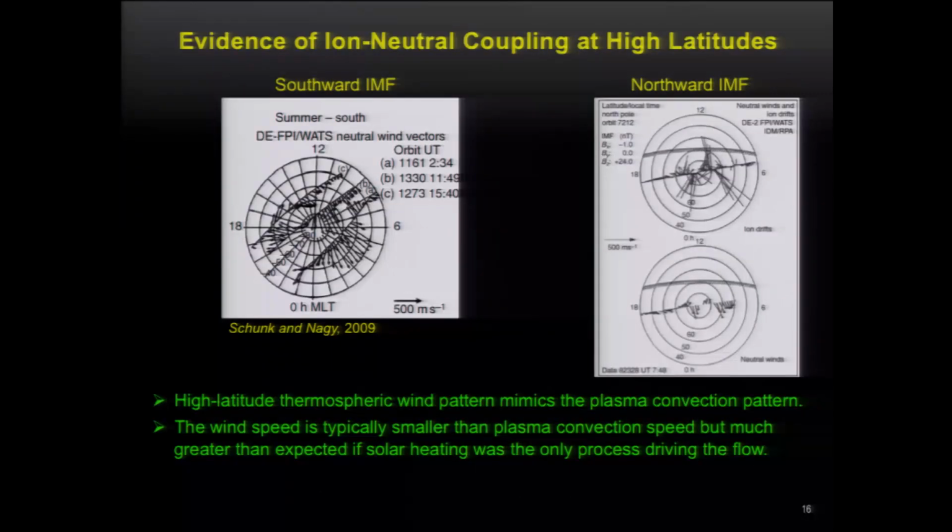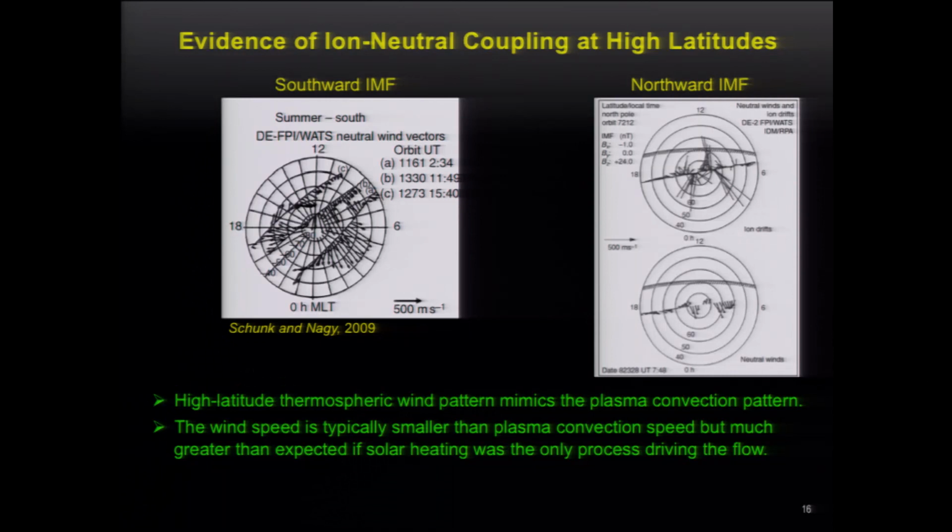Okay. We talked about how the IMF and the solar wind can establish this two-cell convection pattern during southward IMF condition. And that can also drive the high latitude thermospheric wind to roughly move in the same direction. You can see anti-sunward thermospheric wind here, and then return flows at lower latitude. It's not exactly the same as the ion convection pattern due to the neutral inertia and the Earth's rotation, but it does mimic what's going on in the ionosphere convection here.